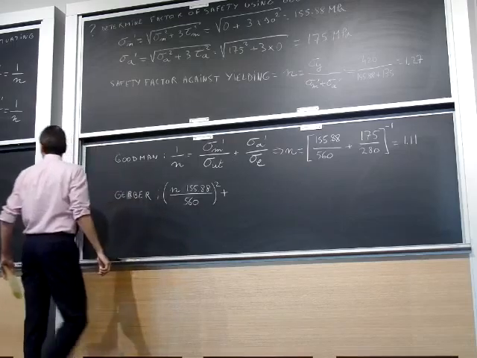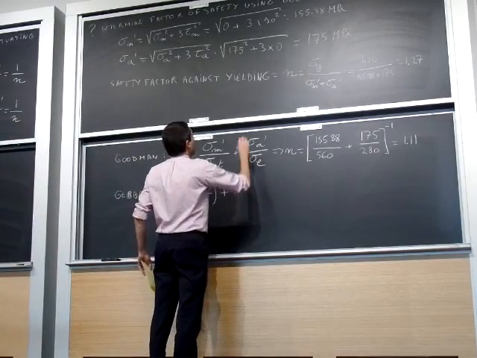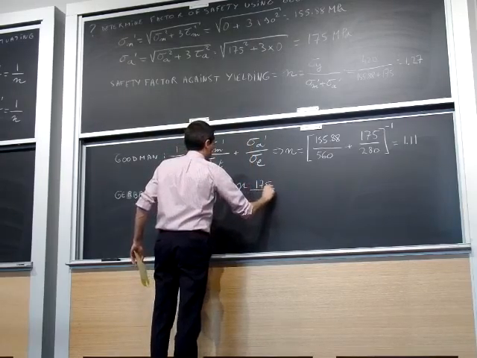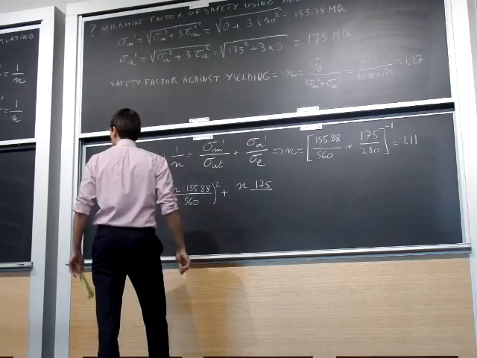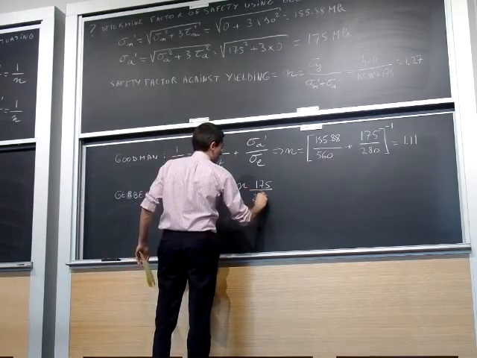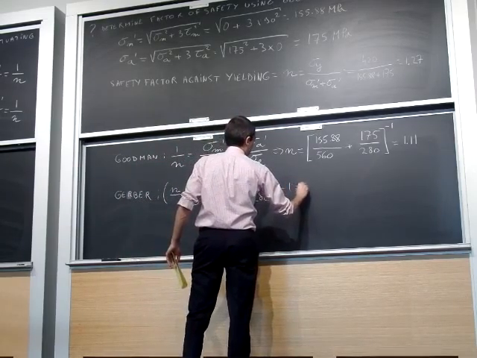And then we got n times sigma a prime, 175 divided by sigma e, which was 280. Minus 1 is equal to 0.